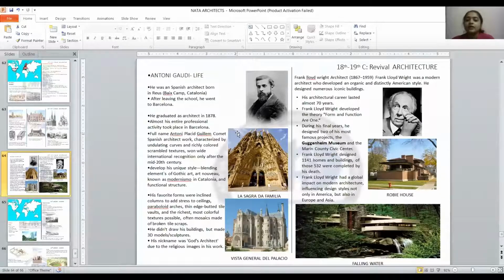And the famous projects of Wright are Falling Water, Robie House, and the Guggenheim Museum, which is very famous for its structure and the materials used. In his life, he designed actually 1,000+ projects, and before his death, he actually finished 532 projects.